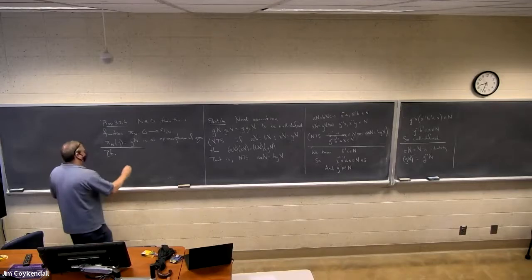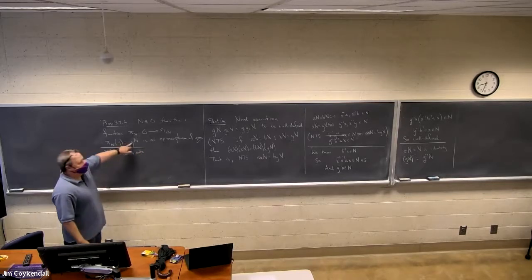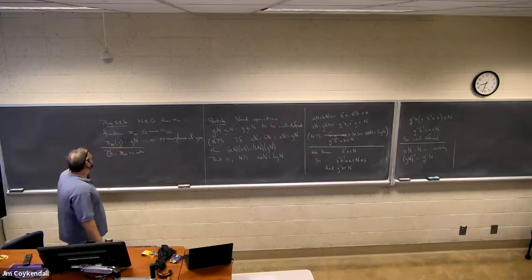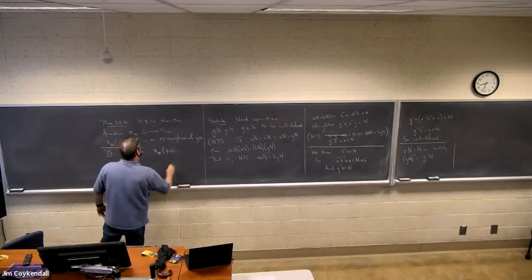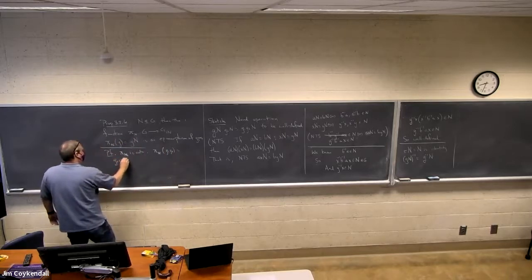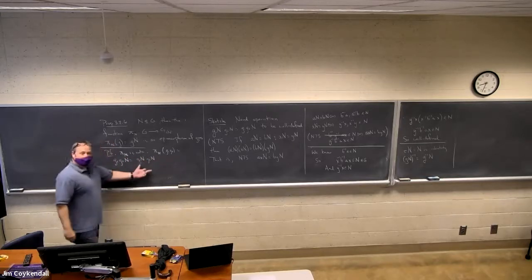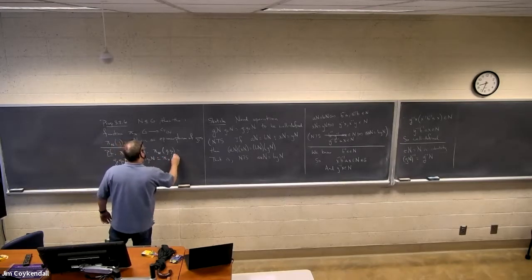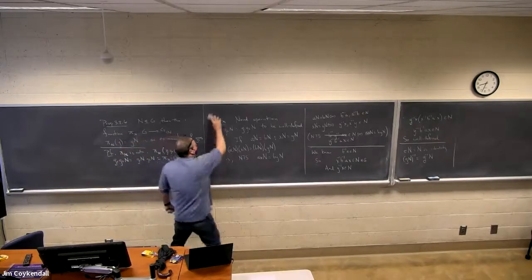This is clearly onto, right? Because no matter what coset you want, it comes from whatever representative you have to pick. Also, phi N of g1 g2 is g1 g2 N, which is g1 N times g2 N, because that's the way we multiply these things, which is phi N of g1 times phi N of g2. So it's a homomorphism.